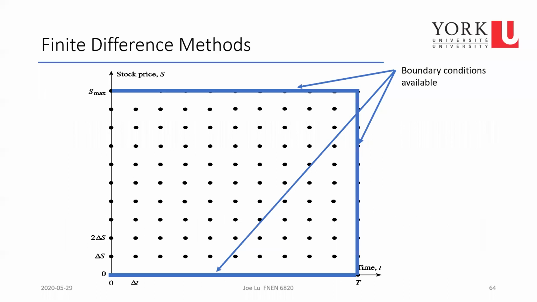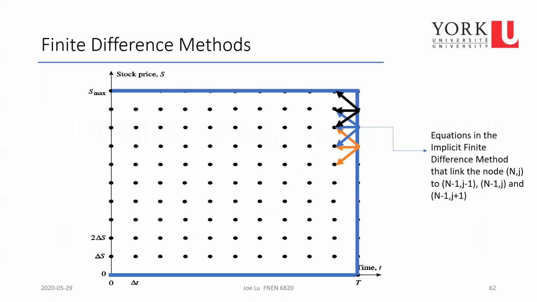Why is that the case? Because if you look at the grid here, we have m plus 1 points, and from this all the way up to this will be linked to the 3 points before them.